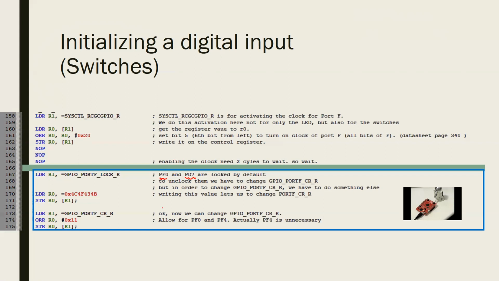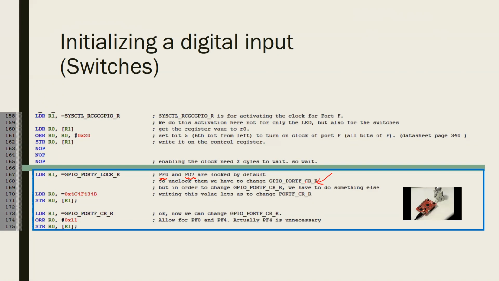How to unlock them? In the datasheet, the procedure is clearly explained. And actually, I won't open the datasheet so that it will be easy for us, because I've provided the details of the unlocking mechanism in these comments. So to unlock these 2 pins, what we have to do is first to change this register, guys.